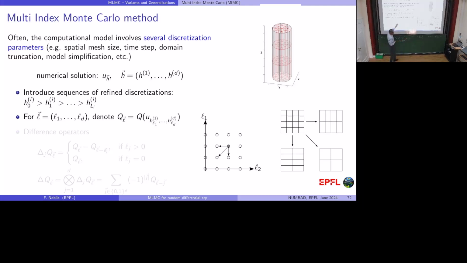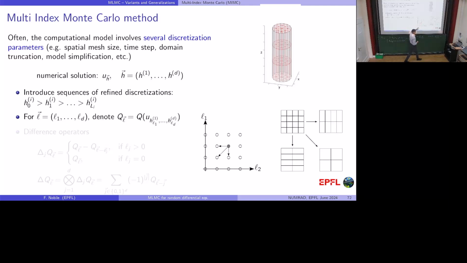So suppose you have two parameters, just because it's easier to plot. So L1 and L2, and then those are the levels of refinement in L2, those are the levels of refinement in L1, and if I pick any point here on this lattice, it will correspond to some numerical solution.